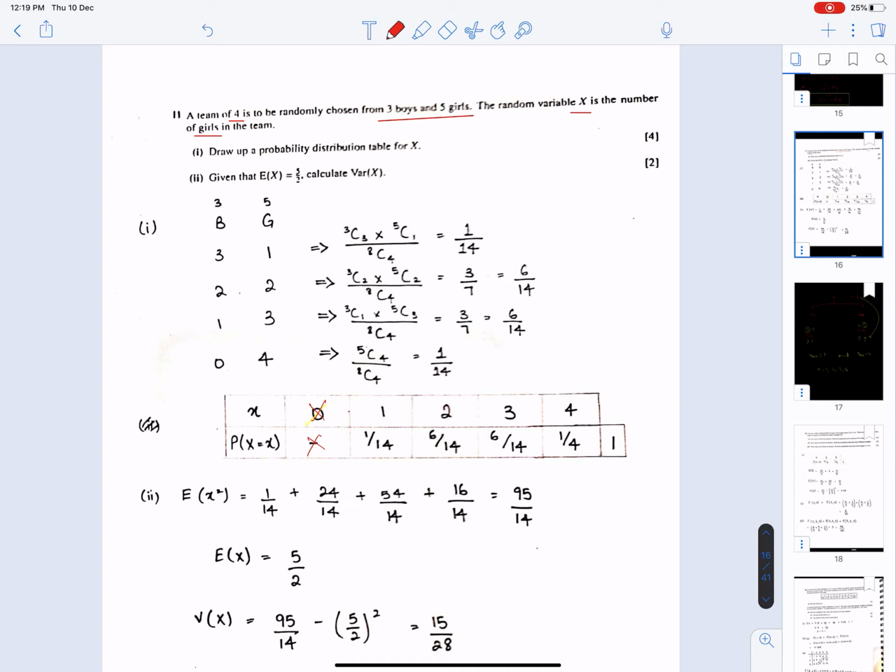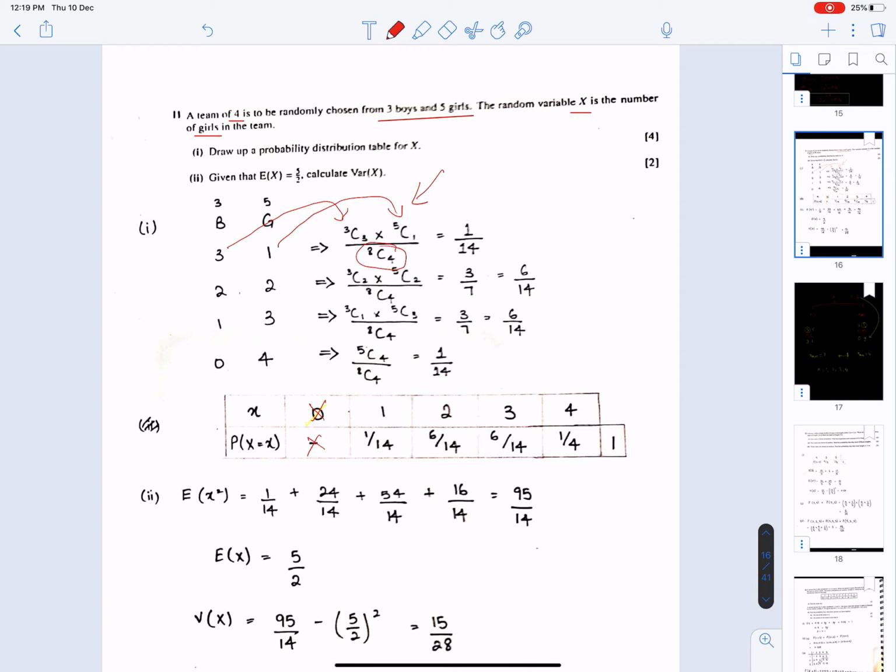In this question, since the events are random and without replacement, we must use combination to make the calculation simple. So for one girl, this must be 5C1. There will be 3 boys, 3C3, and for probability, you should write 8C4 here.